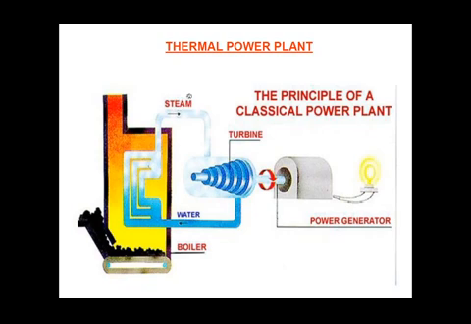This steam energy is used to run the turbines of the generator, and when the turbines rotate, electricity is produced. So this is the principle of the classic power plant, that is, the thermal power plant.